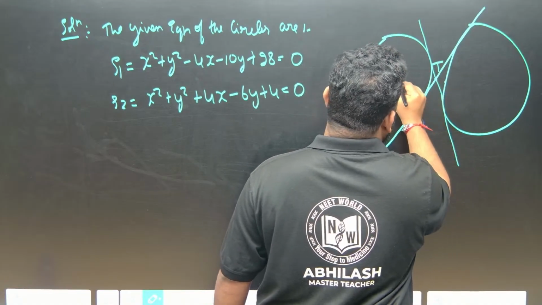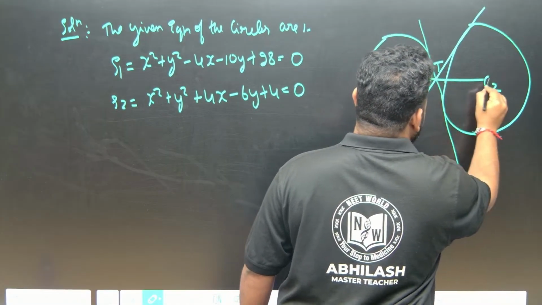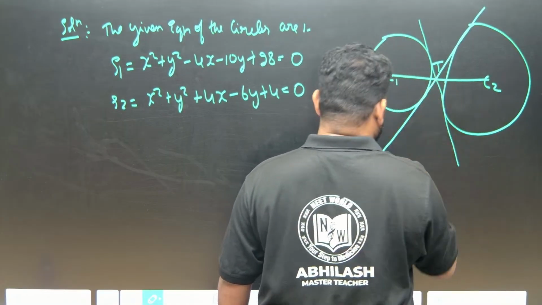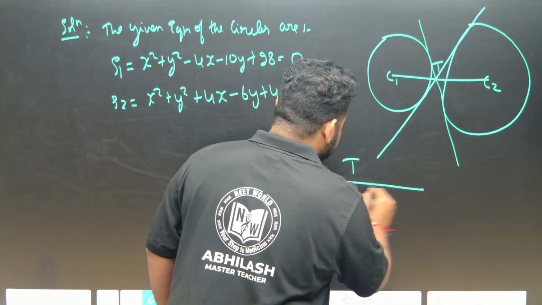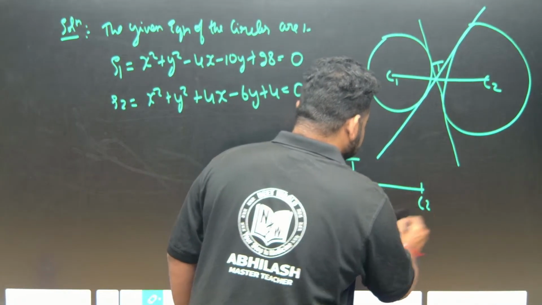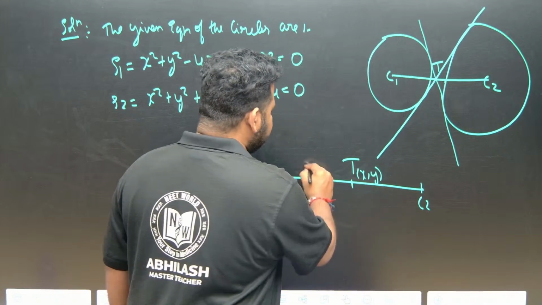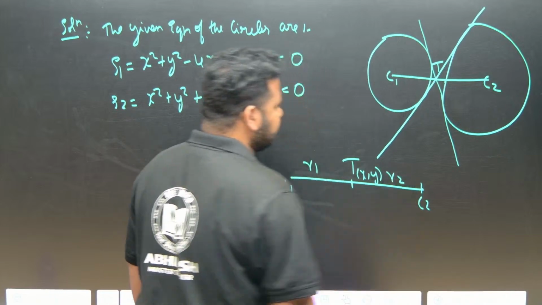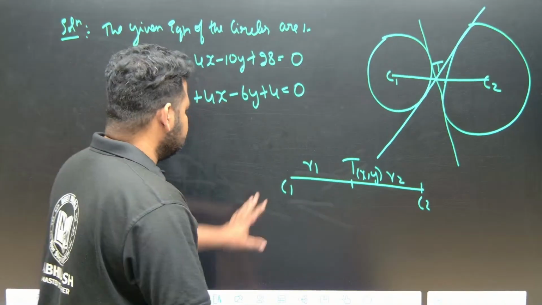This will be circle C1, this will be circle C2, and this transverse point T of x comma y will divide the line joining the centers of the two circles in the ratio R1 is to R2 internally. So let us come back to this.